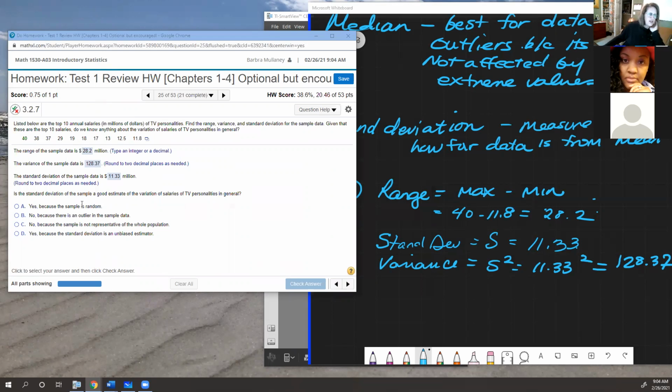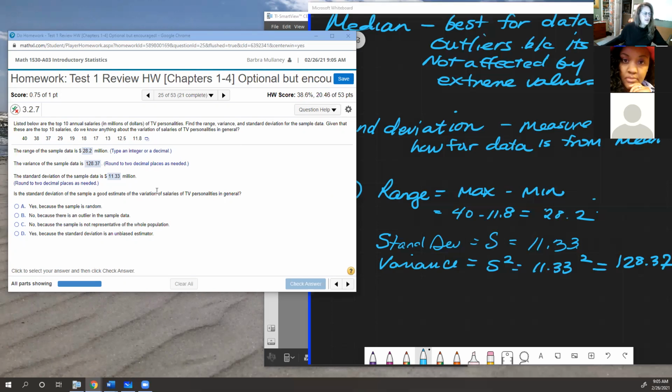So is the standard deviation of the sample a good estimate of the variation of salaries of TV personalities in general? We really have to read the problem for this question. Listed below are the top 10 annual salaries in millions of dollars of TV personalities, and we found the standard deviation of this data.